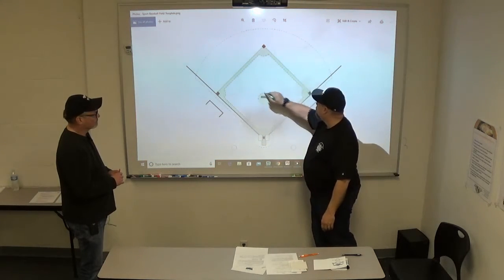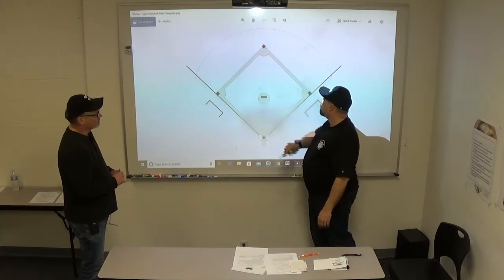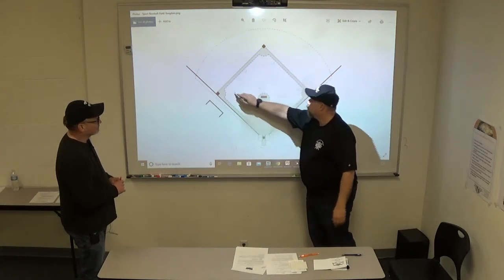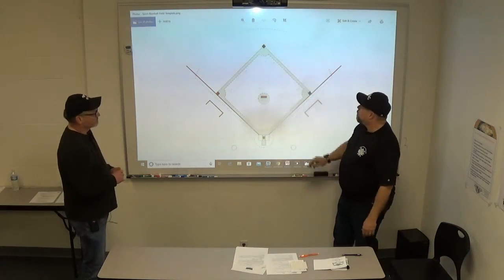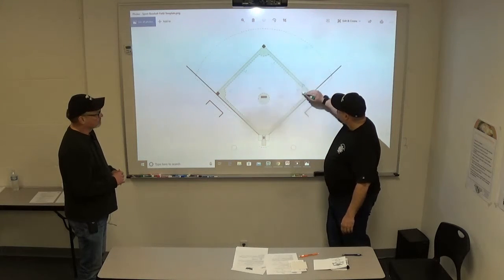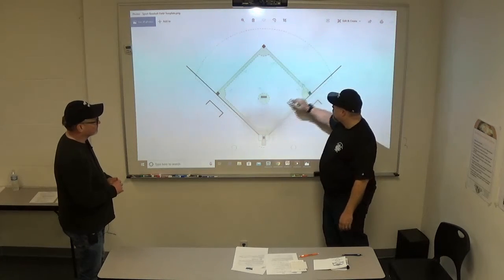So if you've got a runner on first base, and second base, shortstop, third base, to make that call, if this runner's coming up through here and this fielder is standing here, the ball's hit.